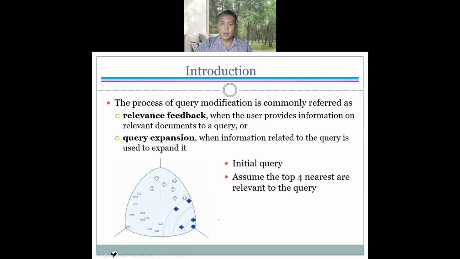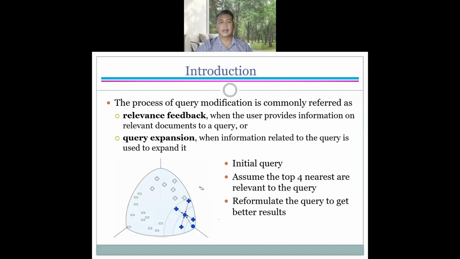We assume that these four are the nearest neighbors, but when we really check, we only have three positive and one negative. But we assume that these four are all relevant with respect to your query. So what we want to do is reformulate the query so that we get a better result, going in that direction.